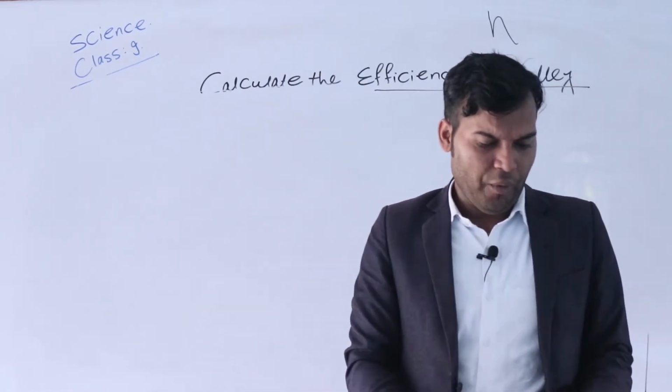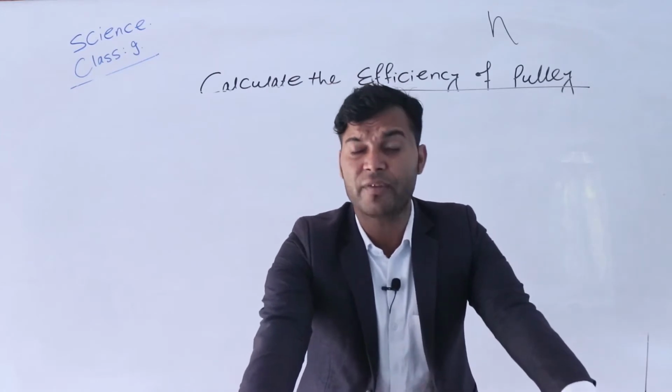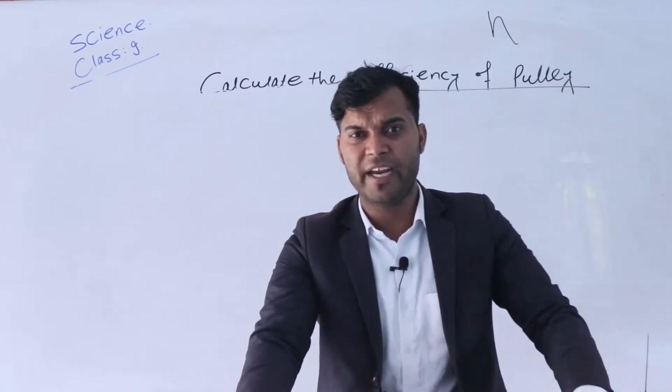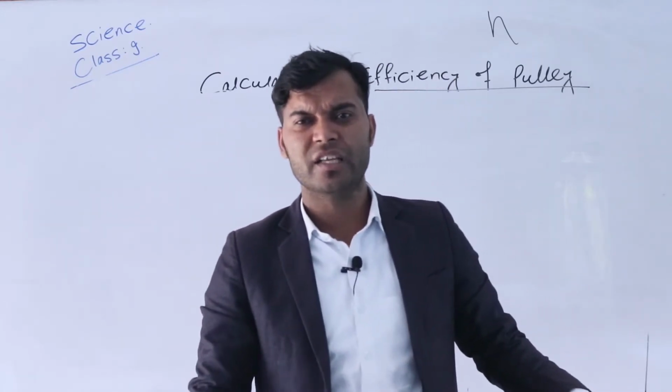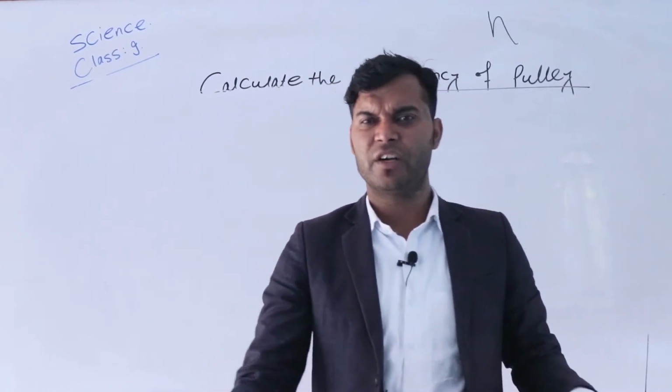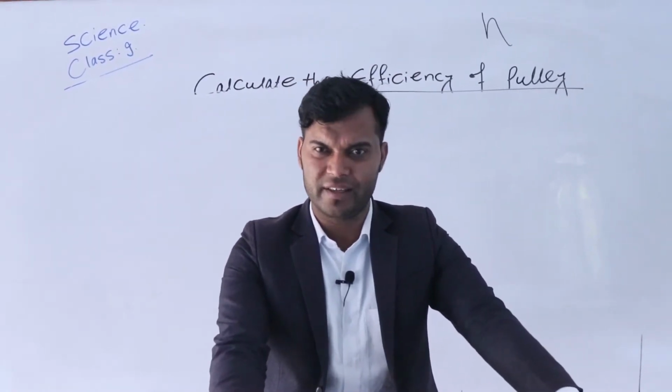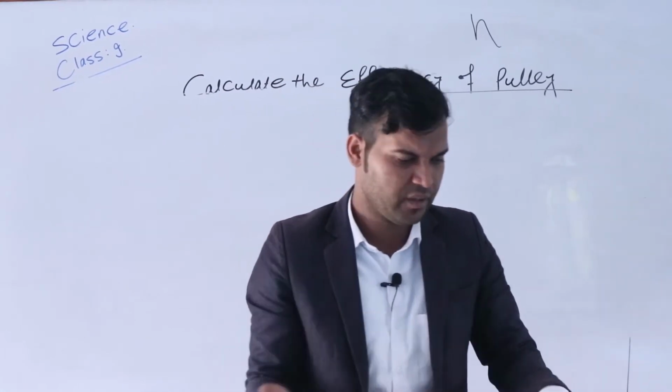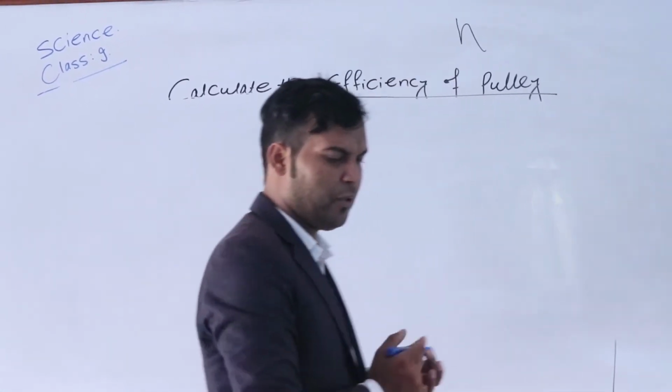A wheel and axle is an arrangement of two coaxial cylinders. Wheel and axle.